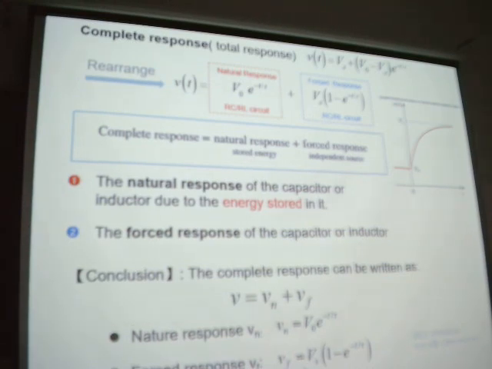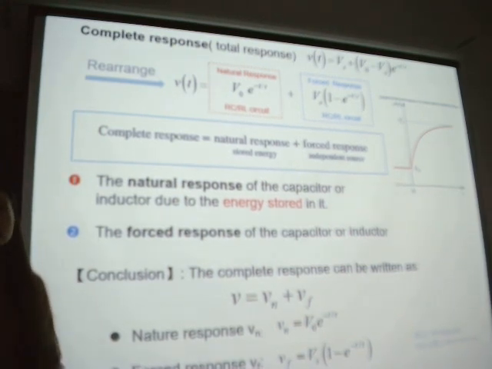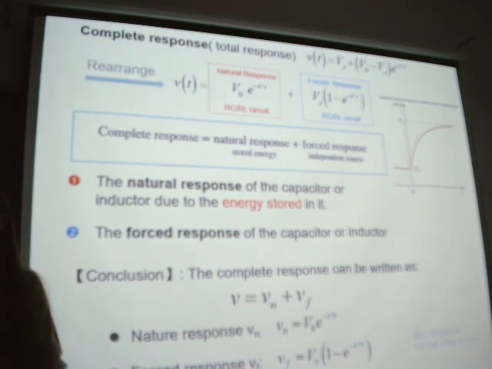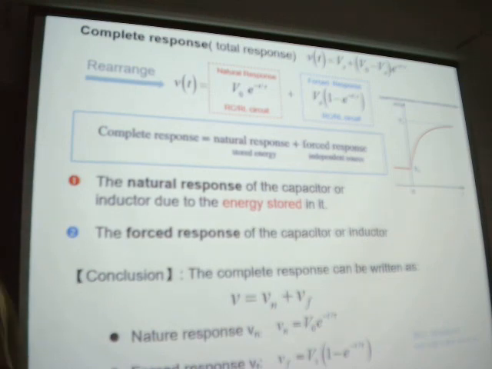What does this mean? When t tends to infinity, it means a long, long time, so we say this state is a steady state. A steady state has a steady state value, and the steady state value here is obviously Vs. So Vs is the steady state value of the complete response.